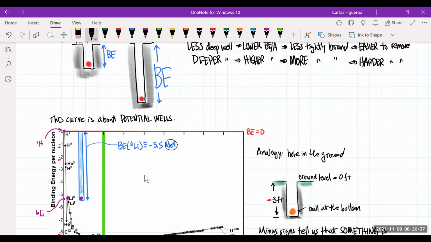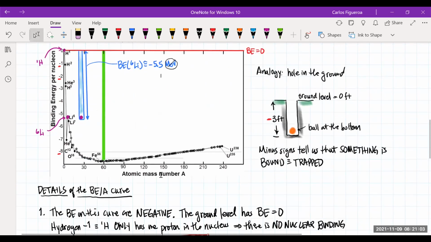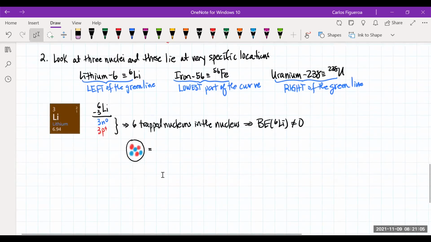So the binding energy tells us how strongly these nuclei are held. So what does it mean to be a nucleon trapped in lithium? Well, it's this. I have a little well, and in here, I have a trapped nucleon.